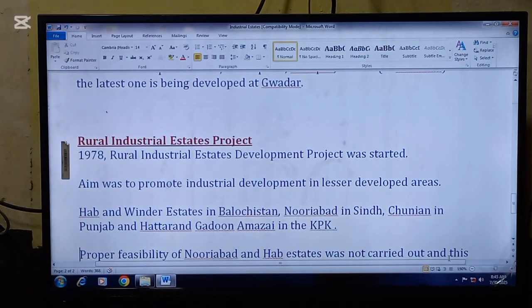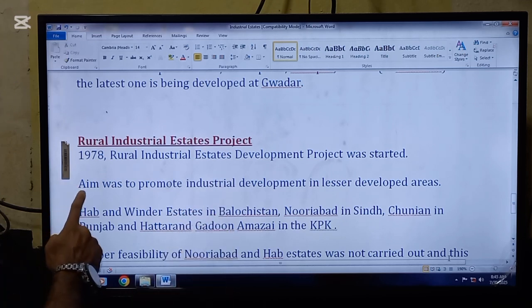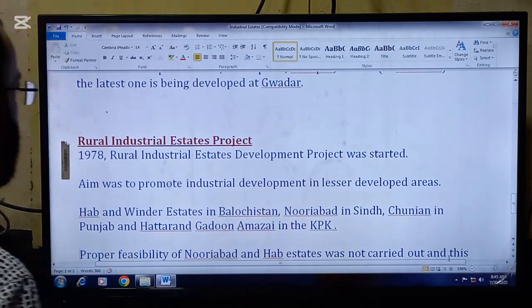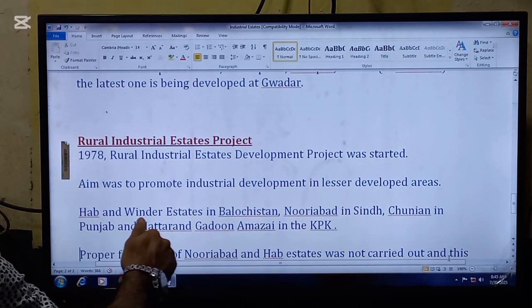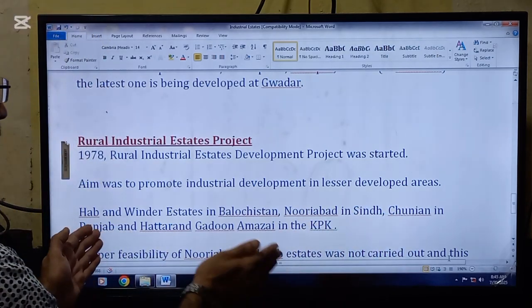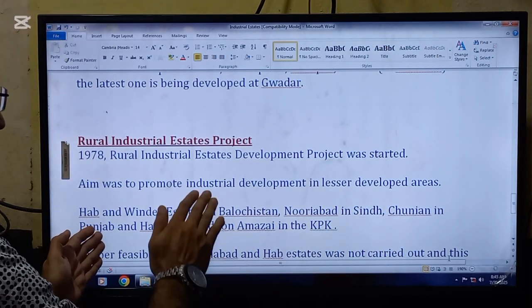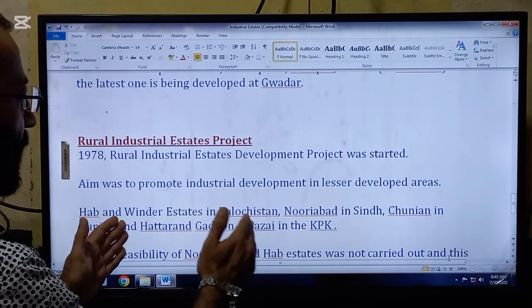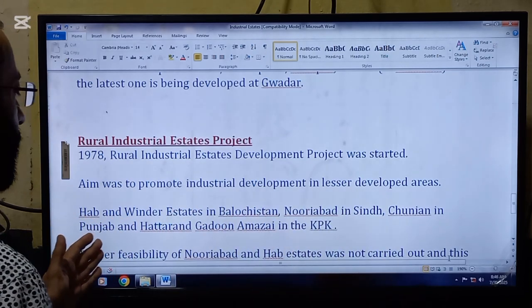The next thing that we are going to read is the Rural Industrial Estates Projects. In 1978, the Rural Industrial Estate Development Project was started in Pakistan. The aim was to promote industrial development in lesser developed areas so that people get work at their residential places and do not need to migrate to other areas.